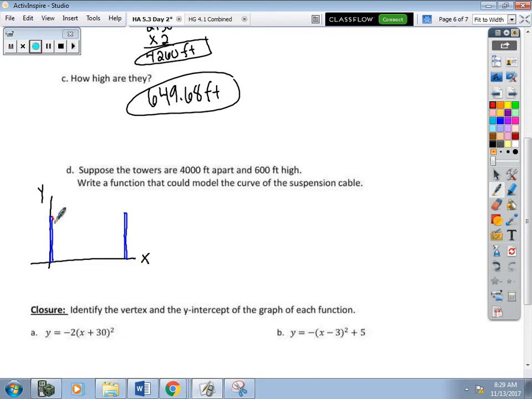But this time they're not giving us the vertex, they are rather giving us some information about it. So suppose the towers are 4,000 feet apart. So the two towers are 4,000 feet apart. Which would make this tower, if this is the origin, 0, 0, that would make this have a point of 4,000, 0.